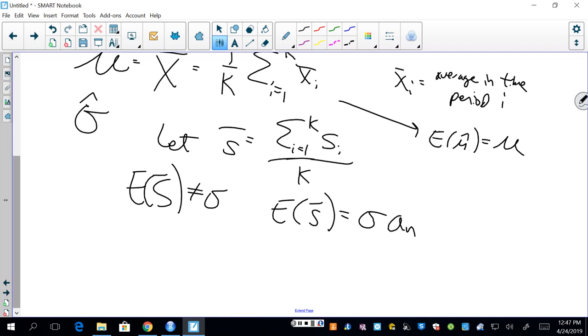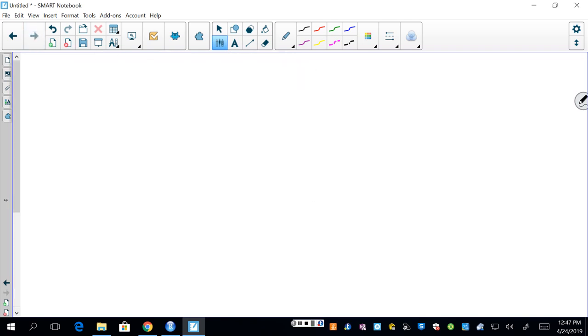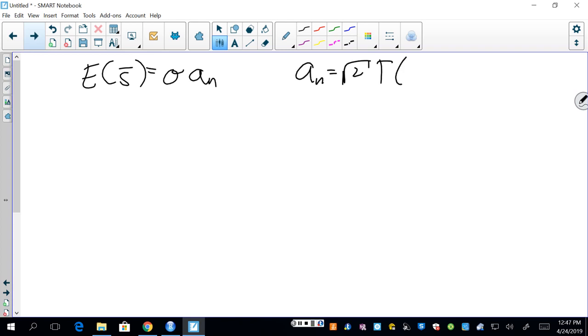This a sub n thing, so I'll write the expectation of our estimate S bar is sigma times a sub n. Now the a sub n, the book gives as a formula: square root of 2 over n minus 1, times the gamma function that we saw in some of these distributions, gamma of n over 2 over gamma of (n minus 1) over 2.